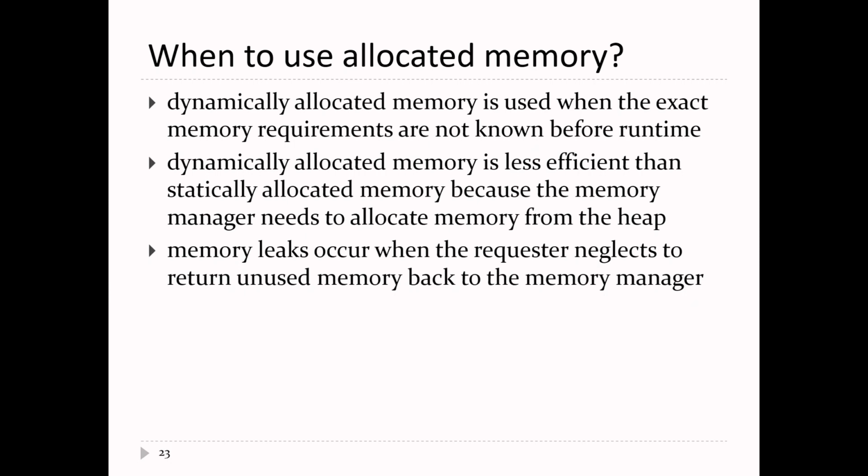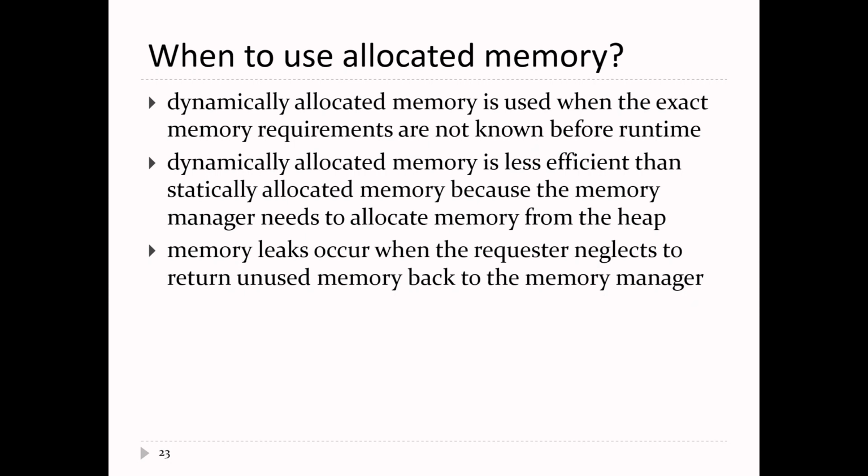So when do you have to dynamically allocate memory? Well, dynamically allocated memory is used when you don't know how much memory you need at compile time. Right? So in other words, if you have a program that reads in user input of some sort and stores that in an array of some kind, then you may not know how much input the user is going to input.